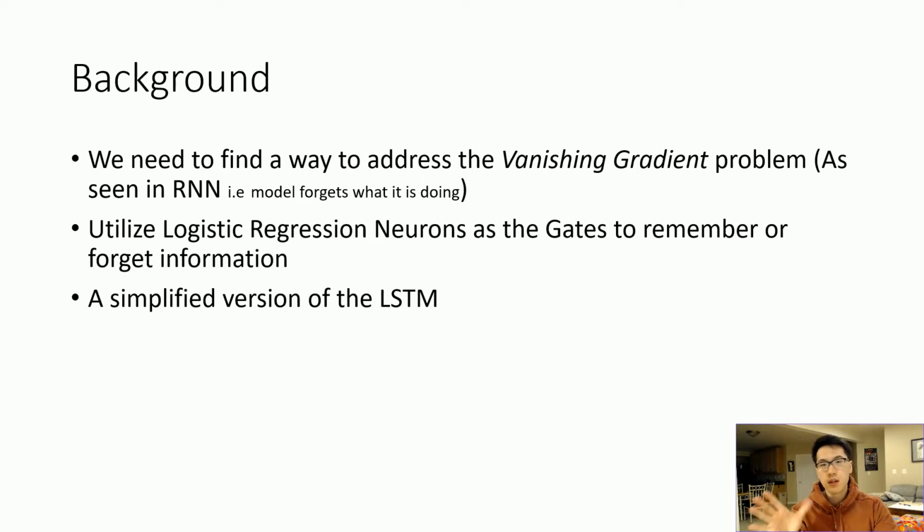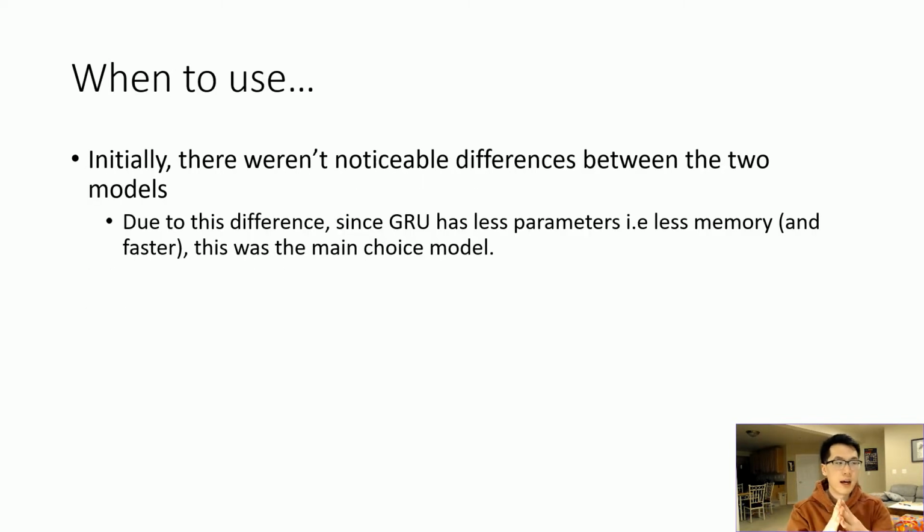And there's different pros and cons to which type of model to use, but in general, there's not really much of a difference in terms of the output that's coming from the two models, except when it comes to speed. So with the GRU, since there's fewer parameters, it's easier to train and it's just faster to compute. And for a long period of time, this was the choice model.